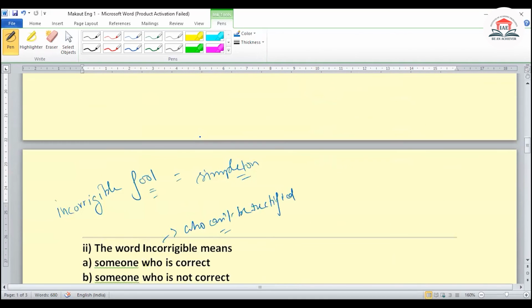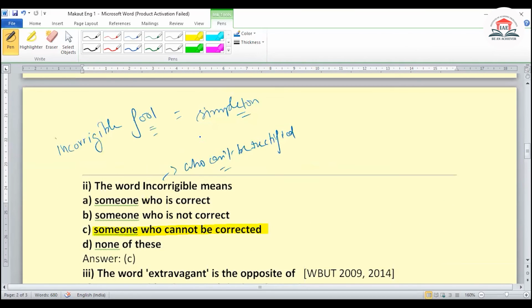Very easy to answer. Now, the word extravagant is the opposite of what? Now, tell me, what is extravagant? Vagant means, actually, vagant is definitely a suffix, without a doubt.